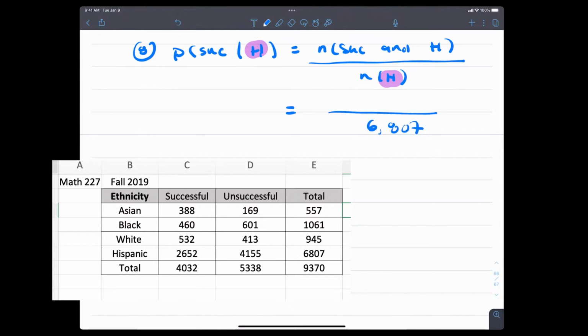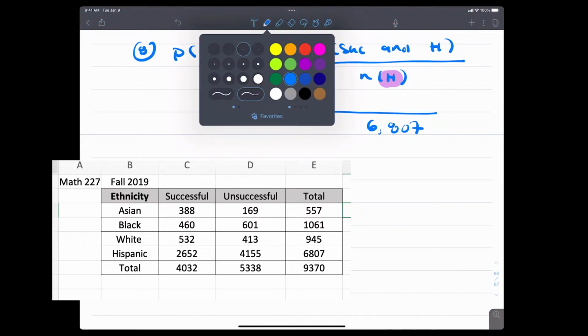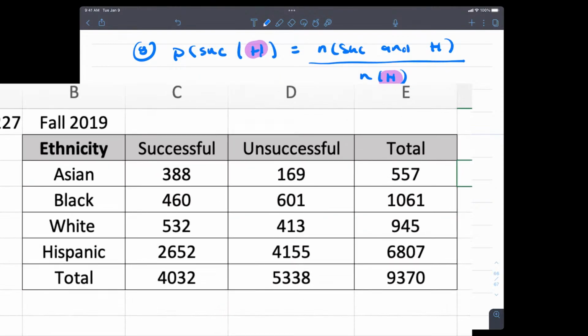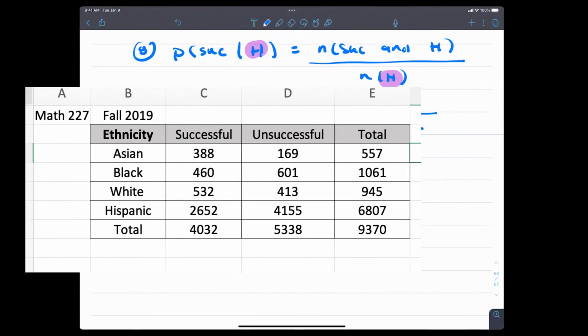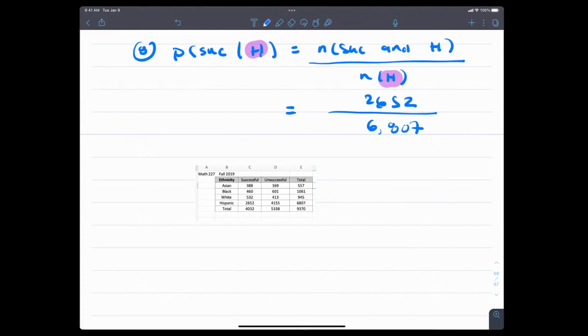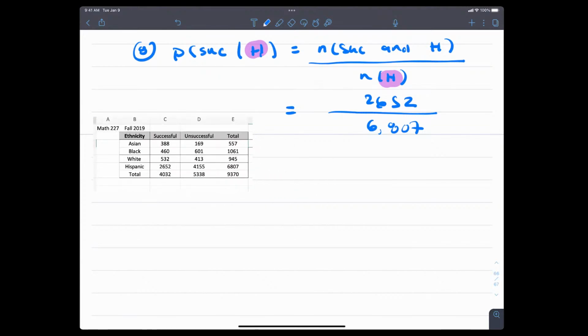Wow, that opened the floodgates. The largest group, a lot more students took Math 227. Now, of those who took it, how many Hispanic students were successful? 2,652. Can you guys read the table? You see what I'm saying? 2,652 out of 6,807. Let's get the success rate for Hispanic students.